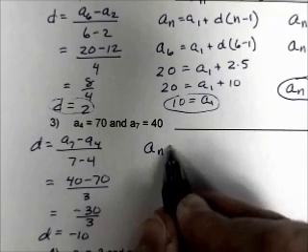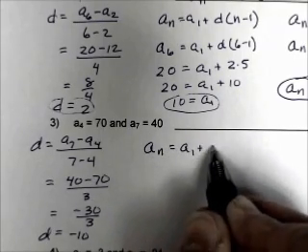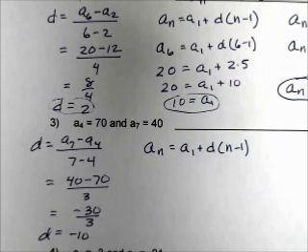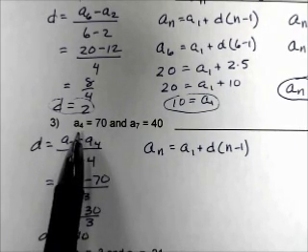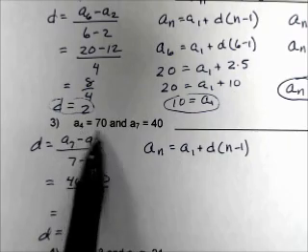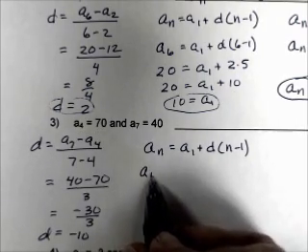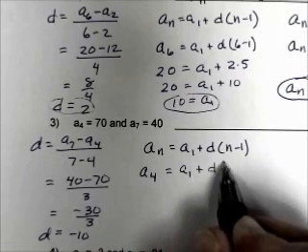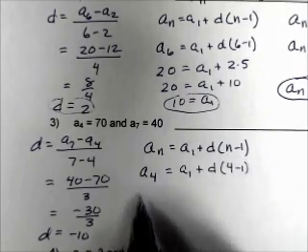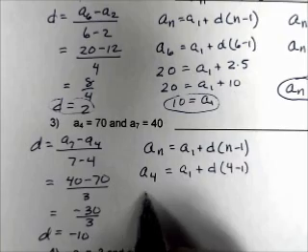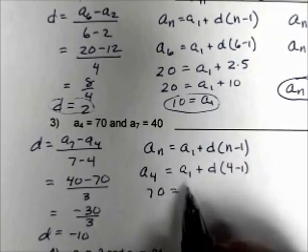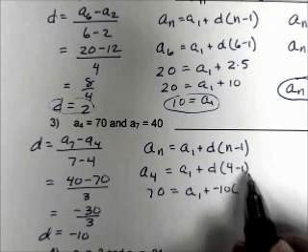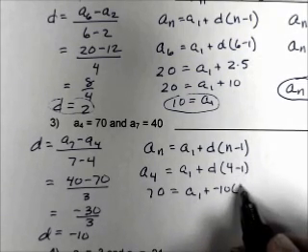Let's go to our formula. a sub n equals a1 plus d times n minus 1. I'll choose the 4th term, 70. a sub 4 equals a1 plus d times 4 minus 1. Our 4th term's value is 70 equals a1 plus d is negative 10. 4 minus 1 is 3.